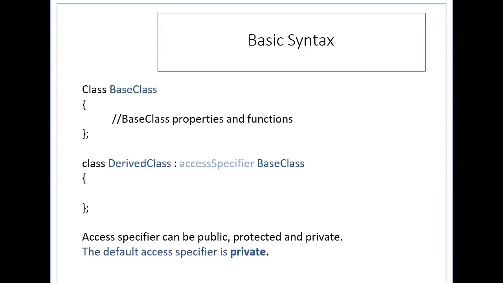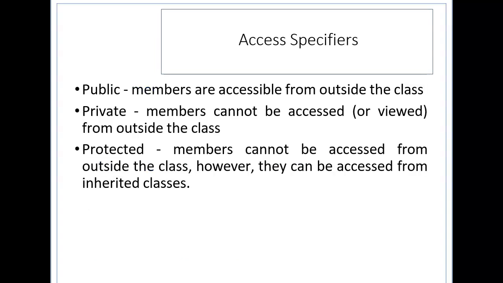Again it will have the body followed by the semicolon. So access specifiers we are going to see one by one. An access specifier can be public, protected or private, but the default access specifier is always private. So we'll see access specifiers in detail.